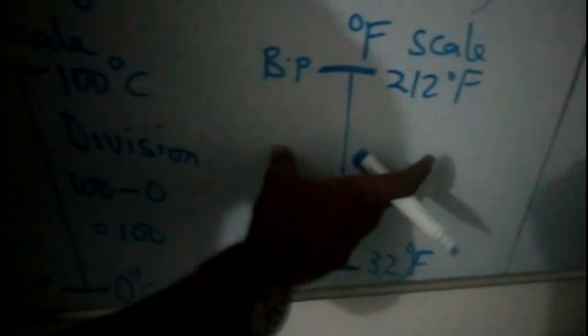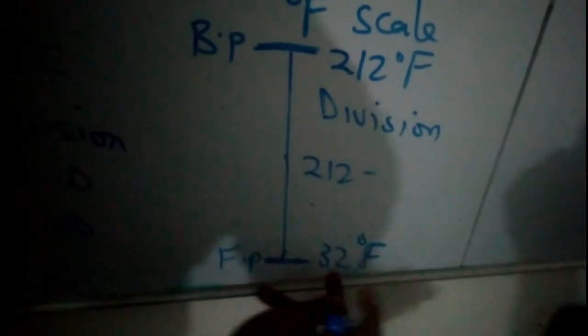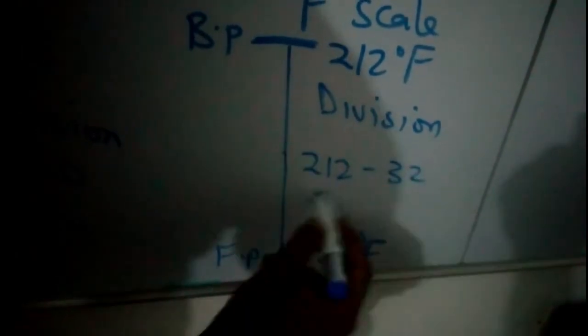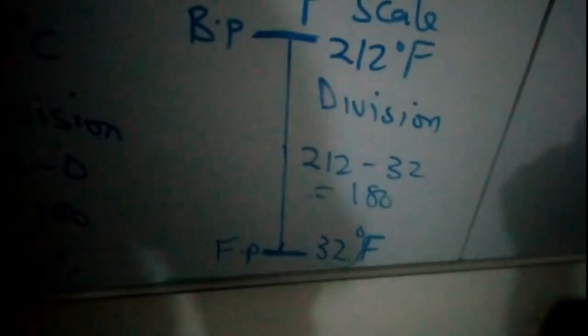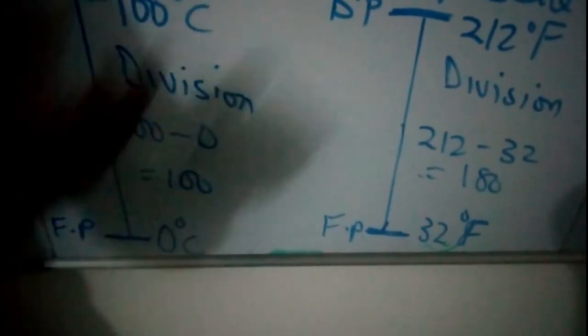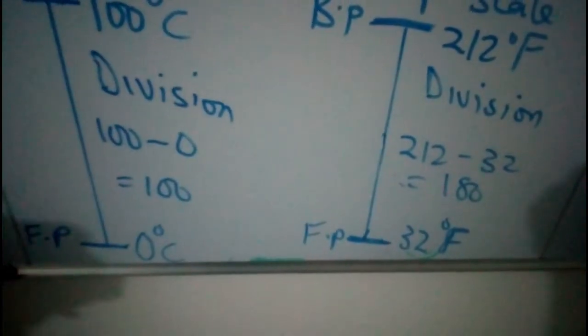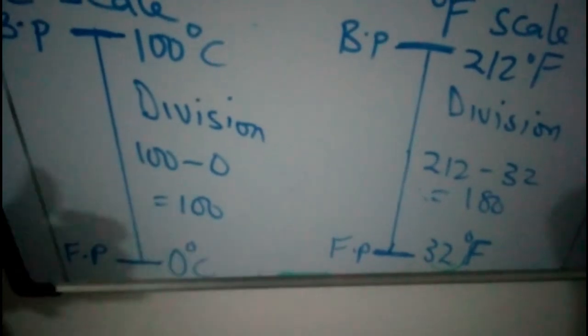Coming to the degree Fahrenheit, division is still the difference between the boiling point, which is 212, minus the freezing point, which is 32, and that gives you 180. So note that the division on the degree Celsius scale is 100, while the division on the degree Fahrenheit scale is 180.